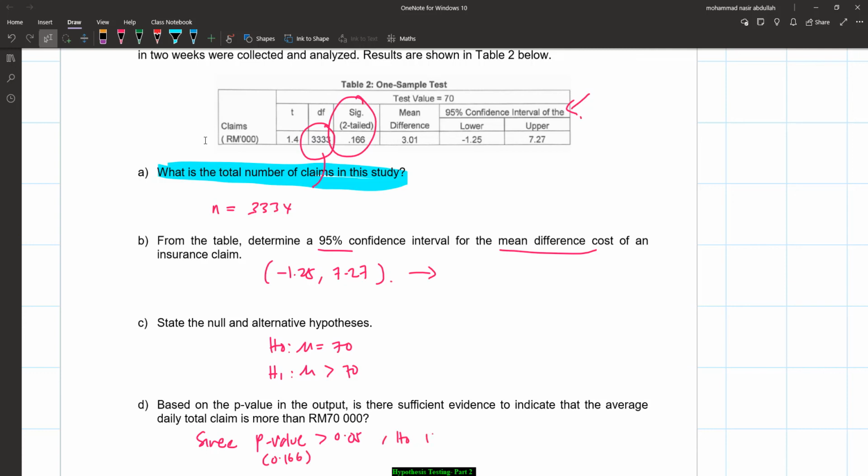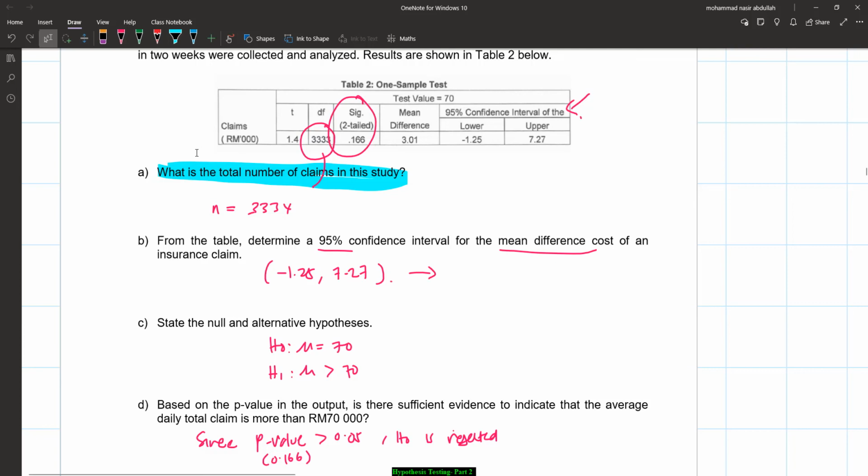Null hypothesis is rejected. So we always conclude on null hypothesis, right? Because we are testing null hypothesis instead of alternative hypothesis. Alternative hypothesis is just a claim that made by the company, right? So since the null hypothesis is rejected, so we can conclude that the daily total claim is more than 70,000.